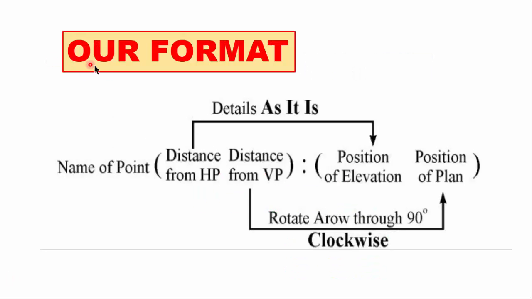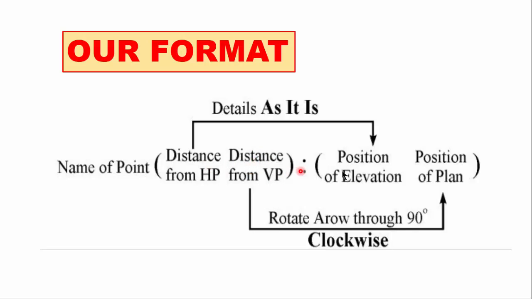We have developed our format to obtain and produce the projections of a point, and here it is. Specifications of any point in the space we will produce in this format. Name of point in the bracket, distance from HP followed by distance from VP in magnitude and directions.